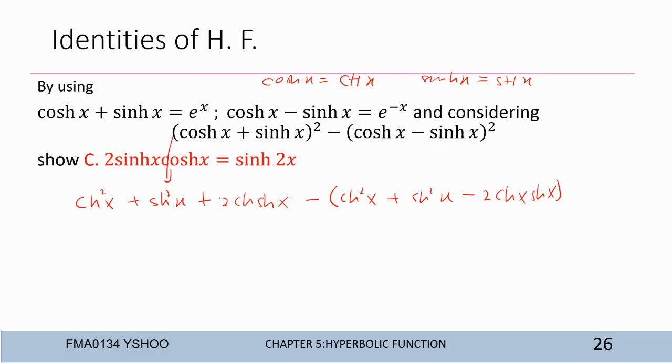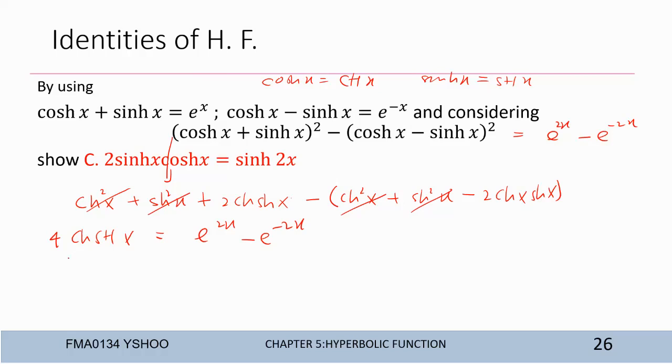So after that, like the previous slide, we expand it. When you expand the negative, these all cancel, so you only have 4 ch x sh x, equals to this one. If I substitute the definition from star 1 and star 2, this one is e^2x minus e^-2x.